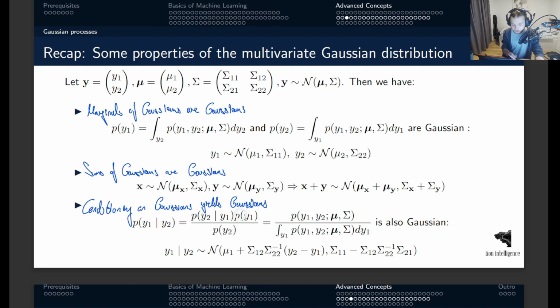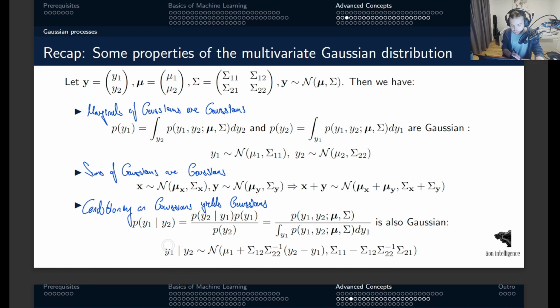And if we write out this again, this is the joint of y1 and y2 occurring together. So this is the joint parameterized by this expectation mu and this covariance matrix sigma. And above we found an expression for the density of y2. It's the marginal over all values of y1 of the joint. So this is what we have here. So it's the integral over all values y1 could take of the joint density. And this is also Gaussian.